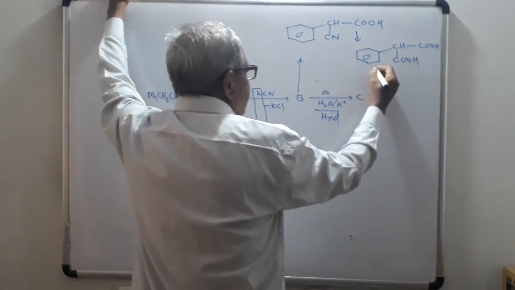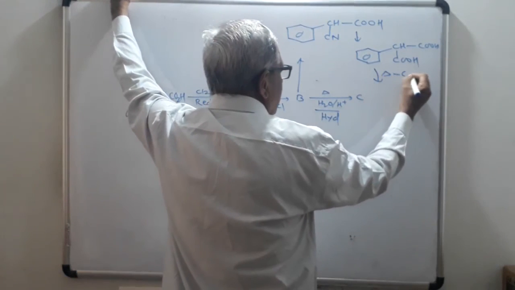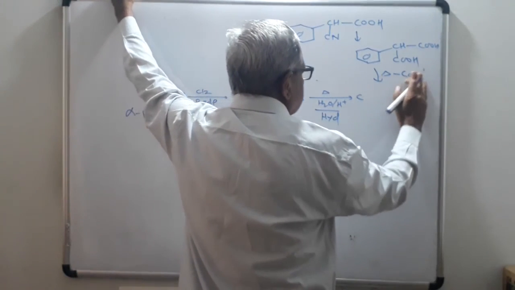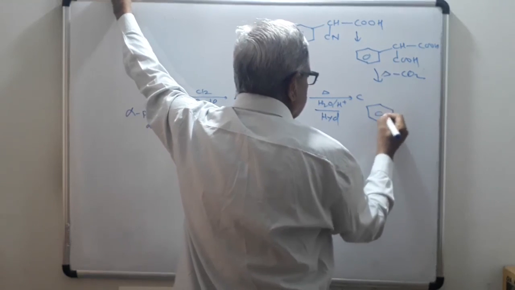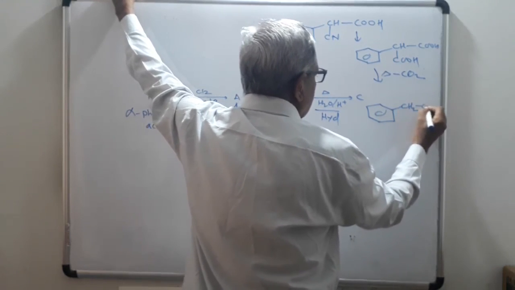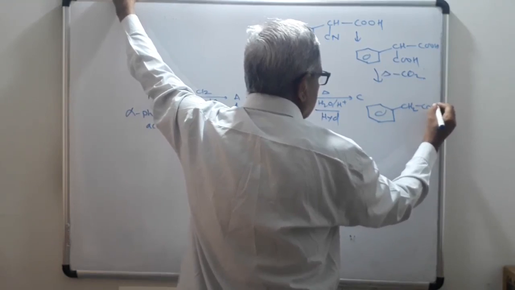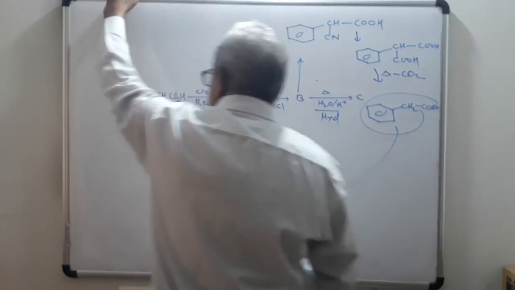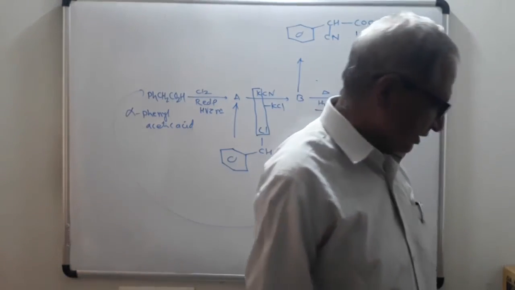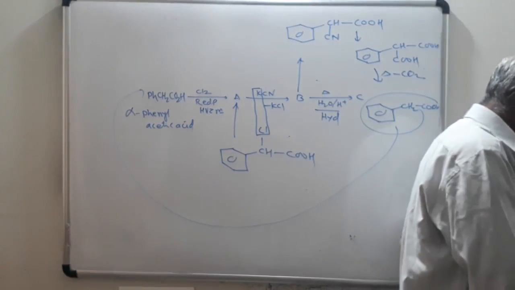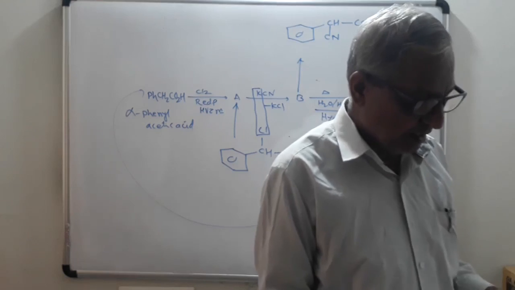When you heat it, it removes carbon dioxide, CO2, and you will get the structure benzene ring, CH2, COOH. Remember that this structure and this structure are the same. The final product is the same as the initial compound. So remember, such types of questions will be there.